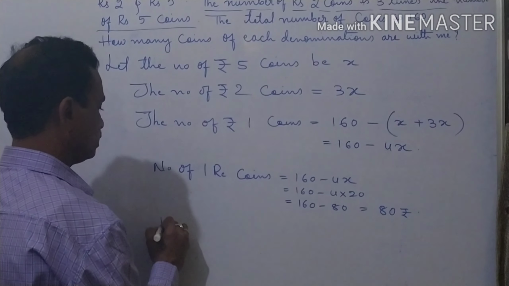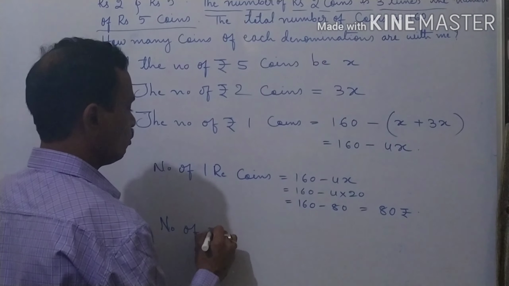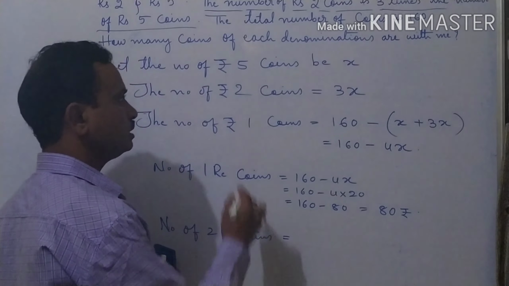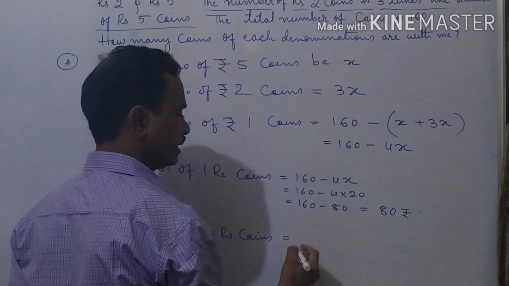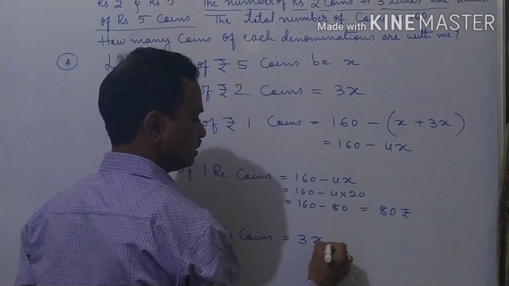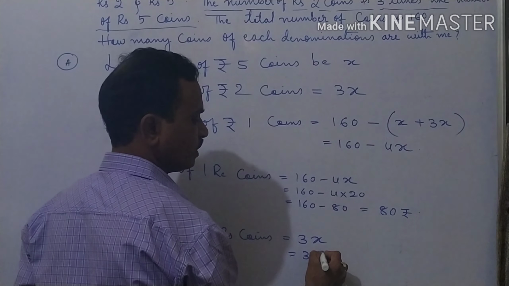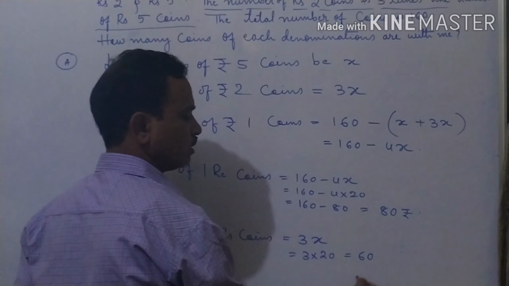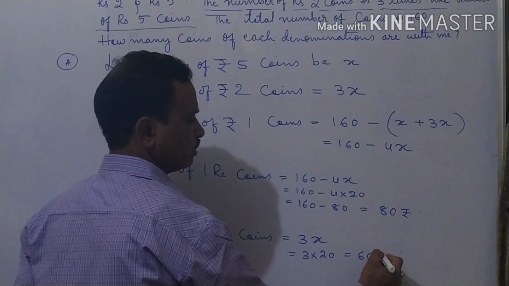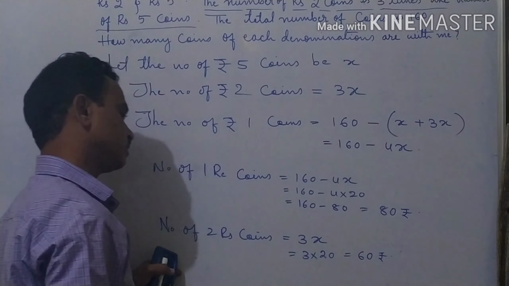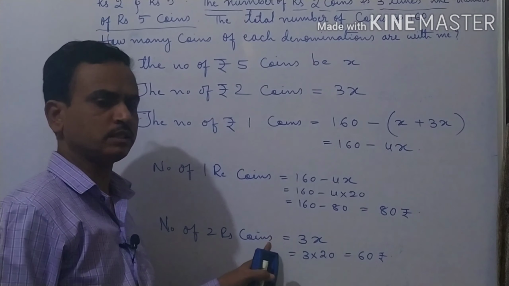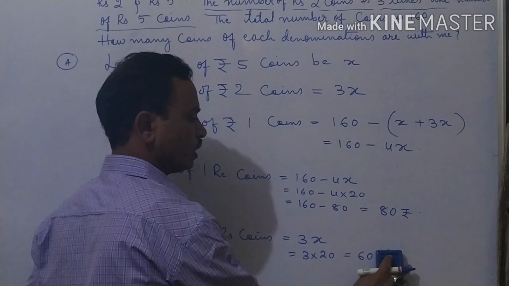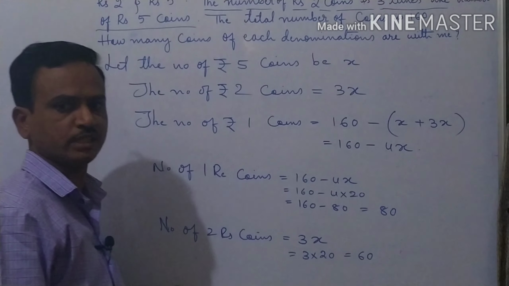Okay, next the number of 2 rupees coins. Here it is 3x, so 3 into the x value we got, 20. 3 twos are 6, so 60 coins are there. For the number of coins, only 60 we should write, no need to write the rupees.